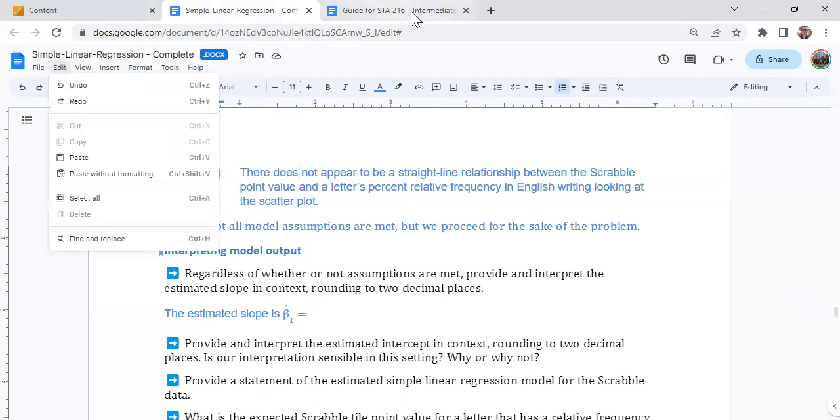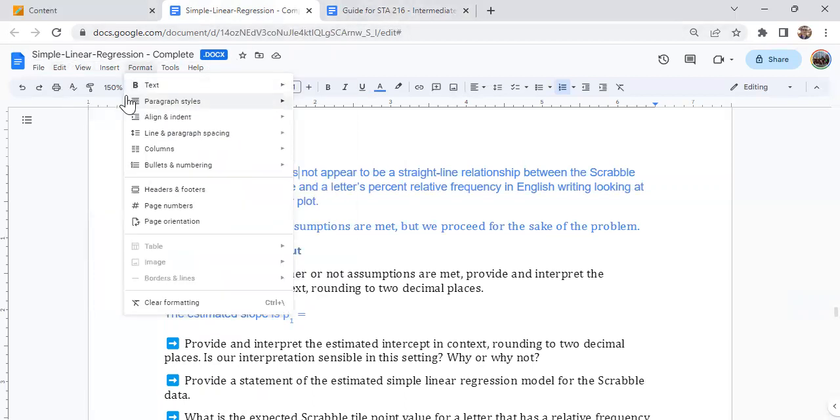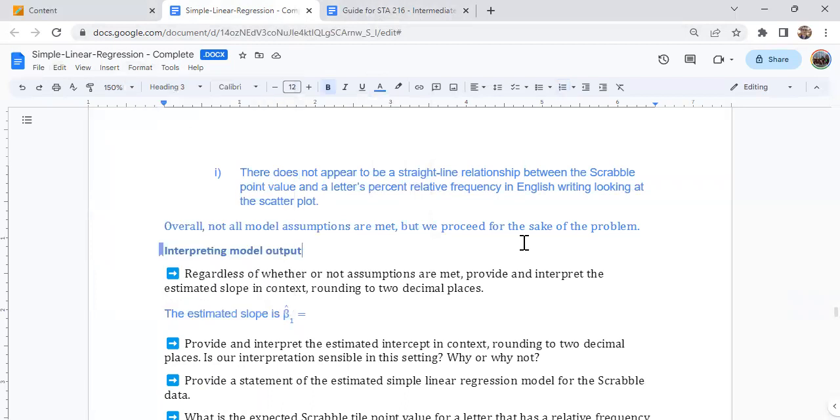You can copy it from the guide documents because I did it at one time. I can't remember how to insert the hat right now. Anyway, if you ever want, on your homework you can just write beta hat, and I'm okay with that.